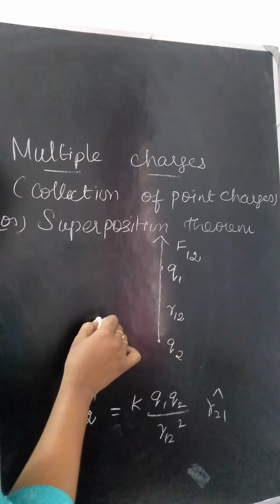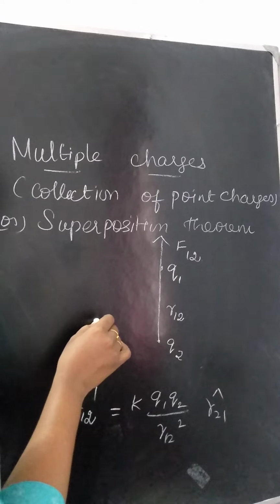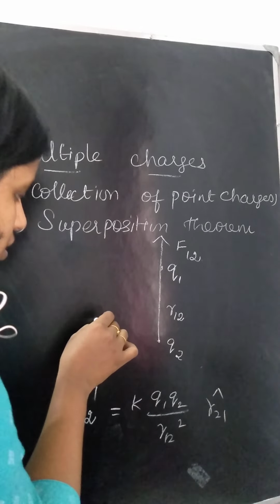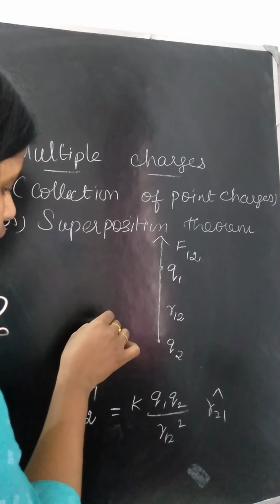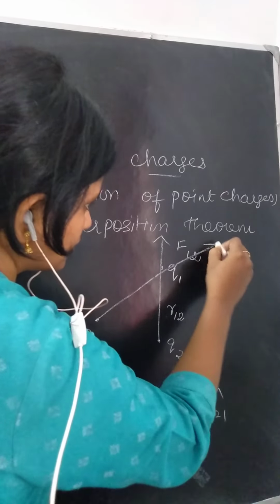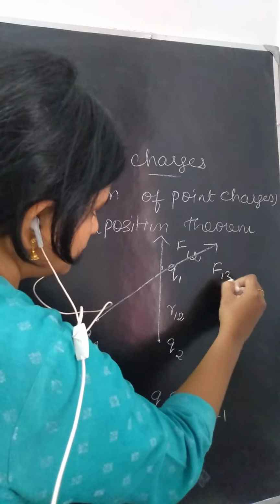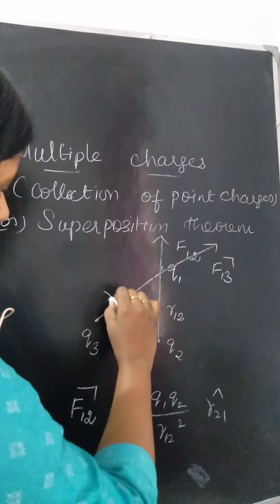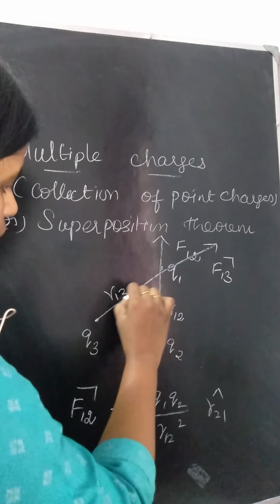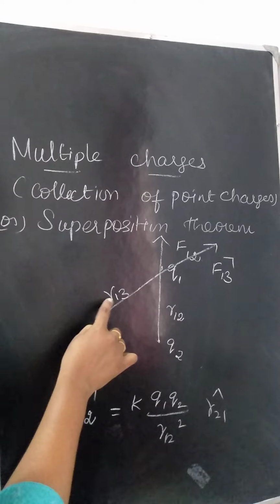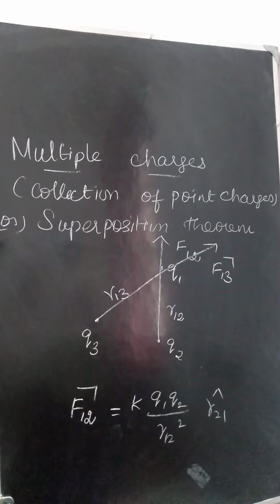Now I am finding the force between 3 and 1. So force acts on Q1 due to 3. So it will be like this, right? F13 vector, and the distance between them is R13. Why am I taking R1 everywhere as a common, initial one?